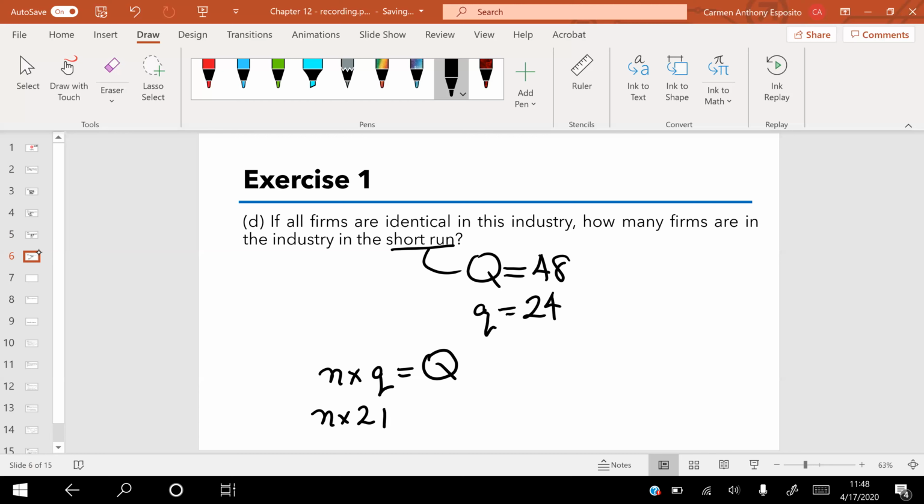N times 24 equals 48. We get N is equal to 2. So there are 2 firms in the short run. Okay.